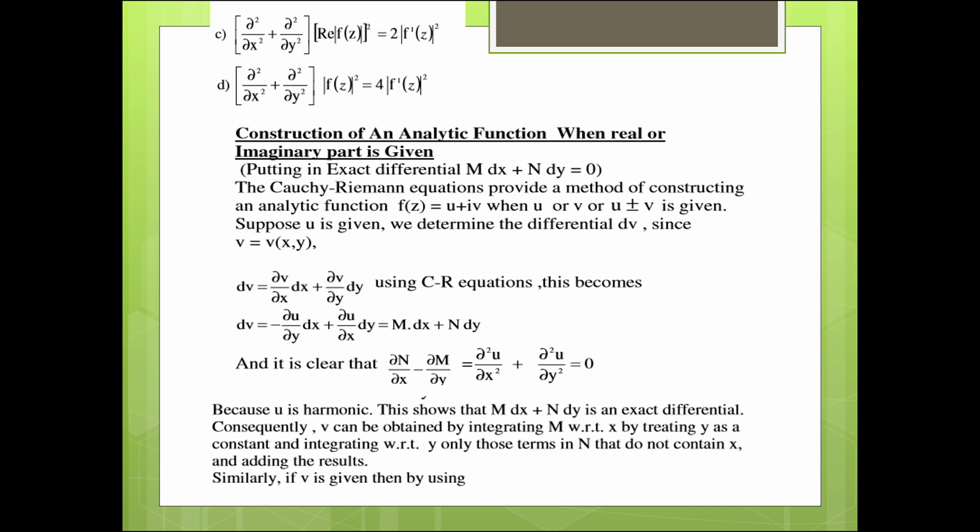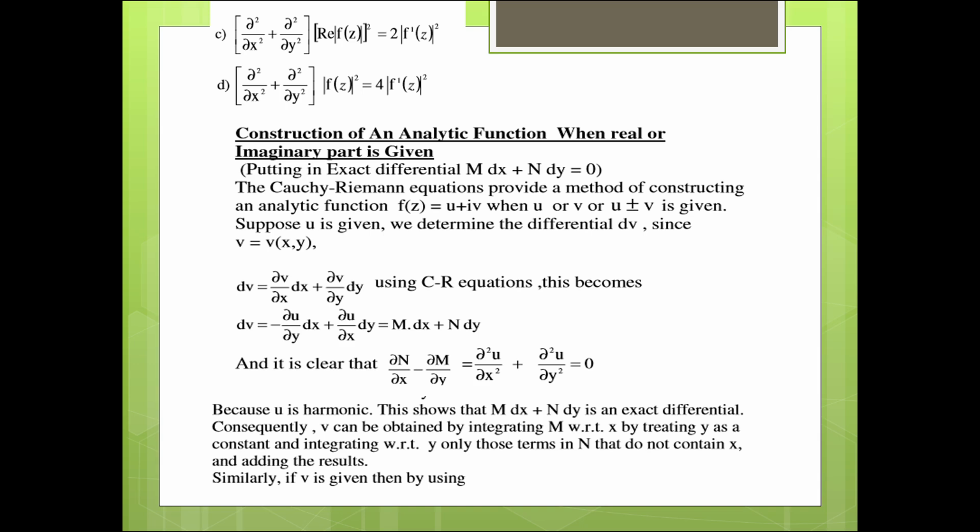And it is clear that ∂n/∂x minus ∂m/∂y equals ∂²u/∂x² plus ∂²u/∂y² equals 0. Because u is harmonic, this shows that m dx plus n dy is an exact differential. Consequently, v can be obtained by integrating m with respect to x by treating y as a constant, and integrating with respect to y only those terms in n that do not contain x, and adding the result.